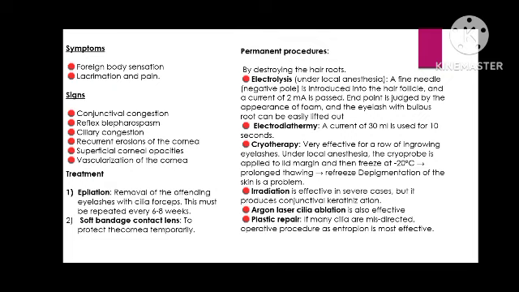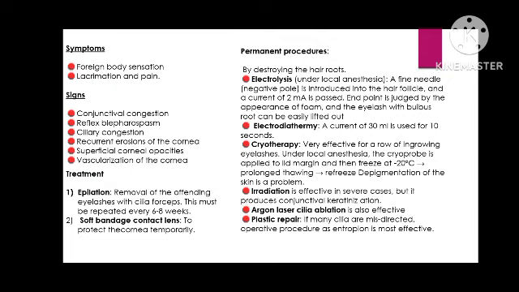Cryotherapy is very effective for a row of ingrowing eyelashes. Under local anesthesia, the probe is applied to the lid margin and frozen at minus 20 degrees Celsius; prolonged or repeated freezing causes pigmentation of the skin, which is a problem.